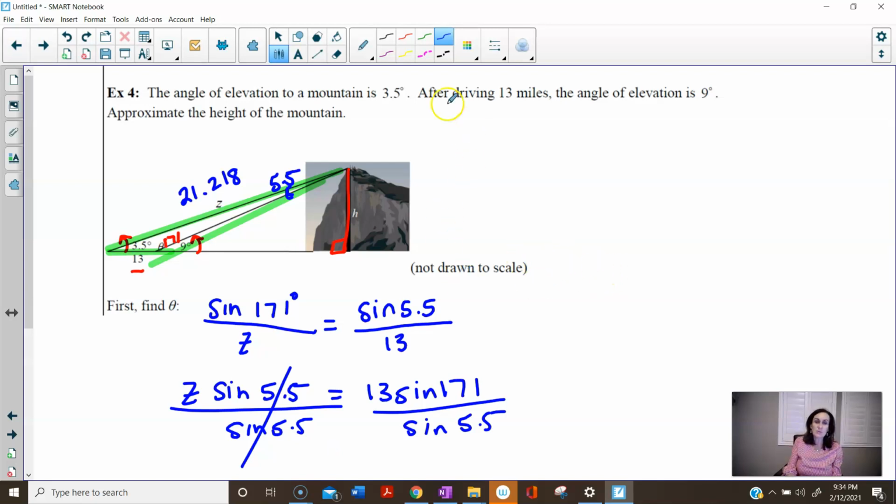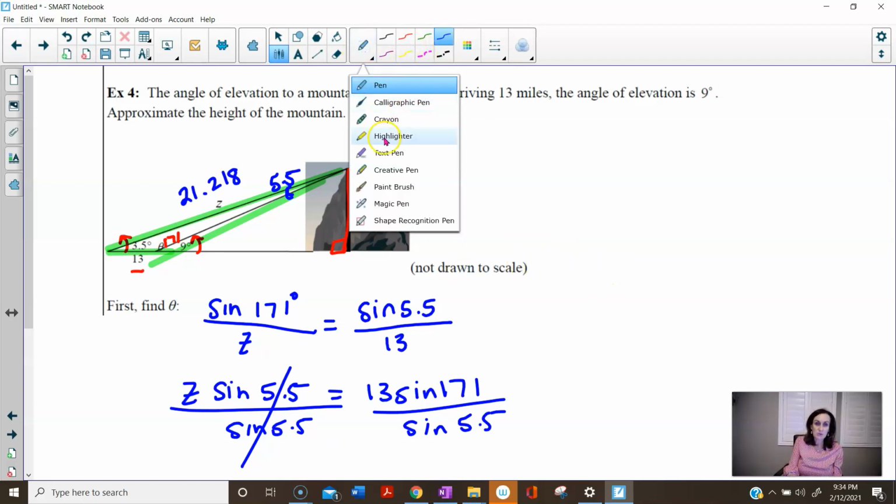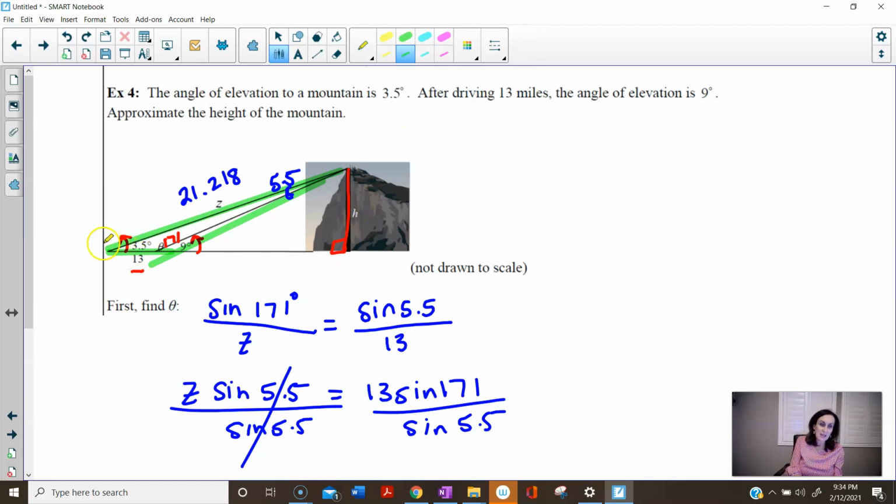Now what I'm going to do is look at my right triangle. So here, let's get purple. Here now is my right triangle. So far I have the hypotenuse side, but I don't have the opposite side.